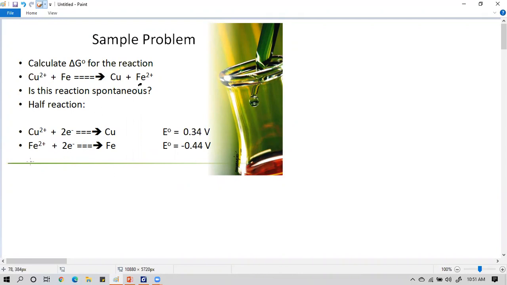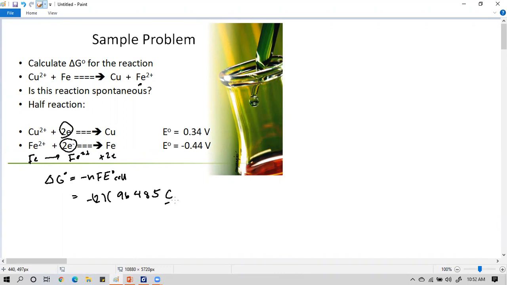So, we will reverse this reaction here, Fe, siya magiging Fe2 positive plus 2 electrons. And then, meron tayong formula kanina na delta G is equals to negative nF E naught cell, or G naught. So ang gagawin nyo lang dito, n is the moles of electron. Ilan ba yung electrons na gamit, di ba? They're both 2. So negative 2 times what is the Faraday's constant, di ba?